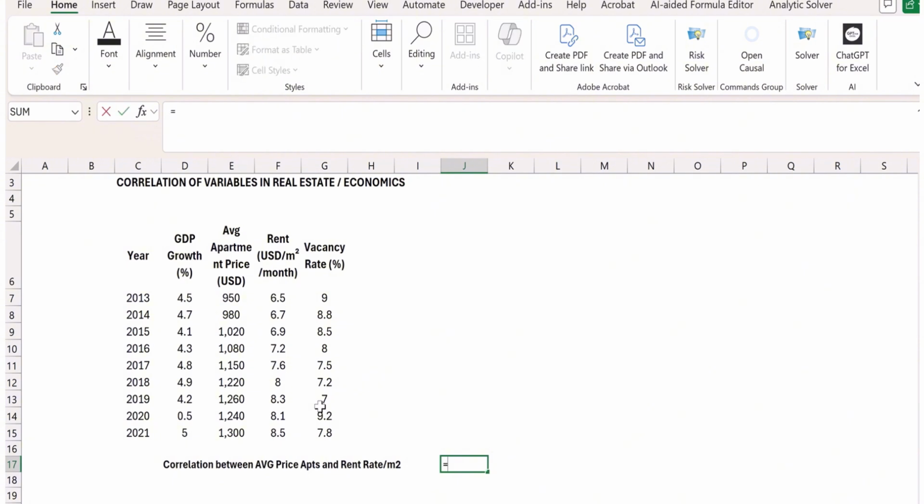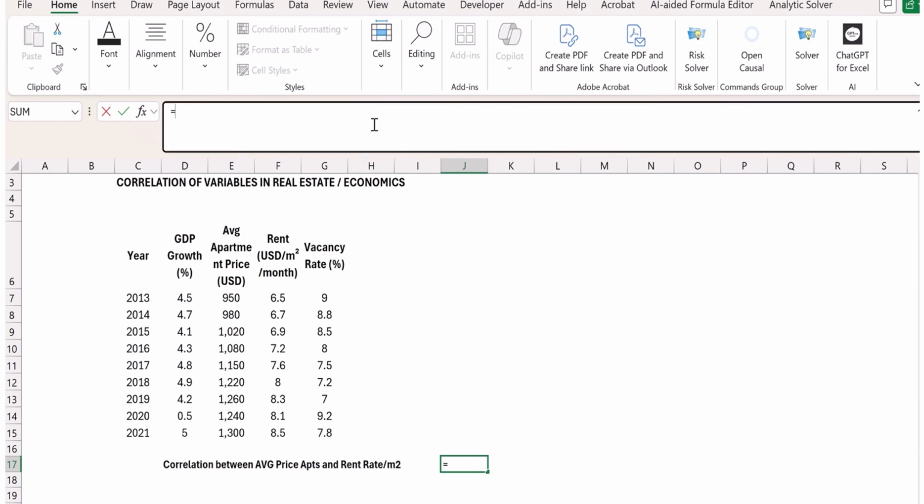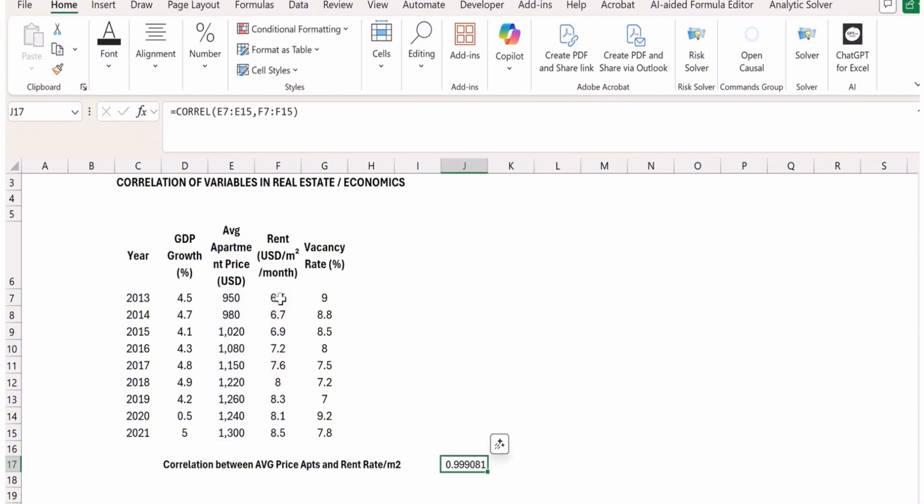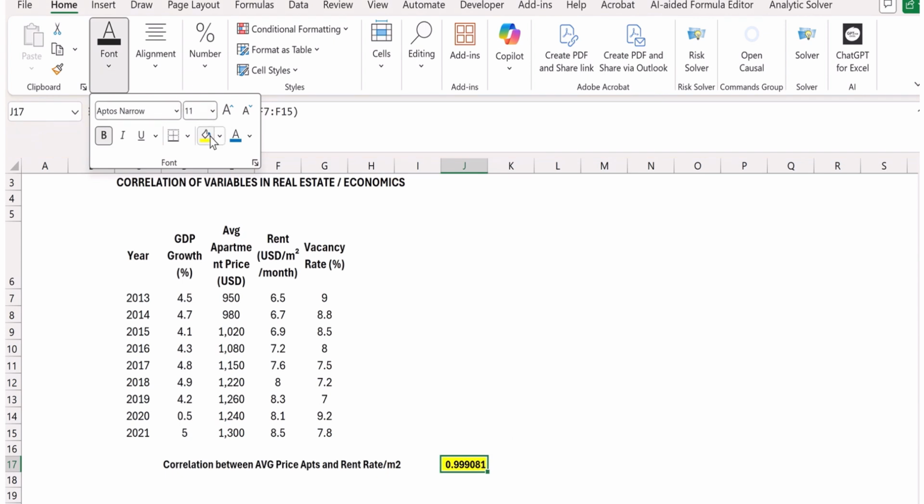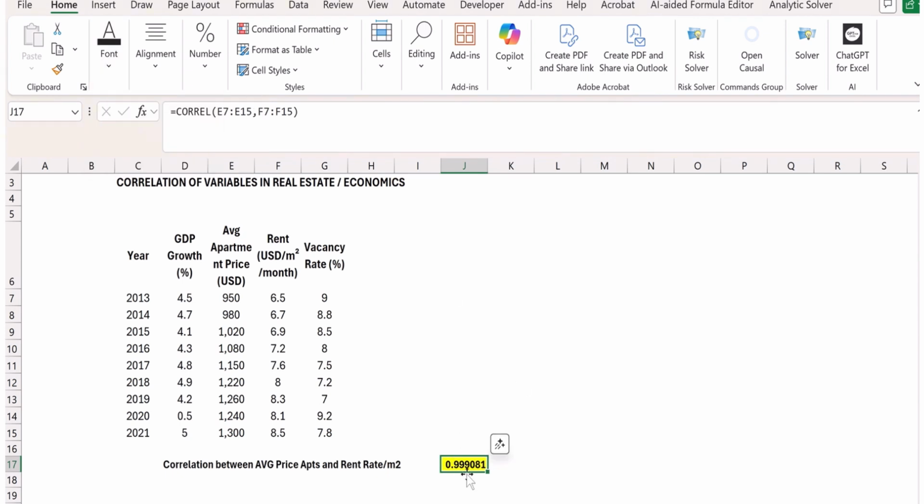So we can use an Excel built-in formula, which is CORREL for correlation, and we will select our two variables, array 1, comma, and array 2. And we can see that effectively they are very much correlated, almost one.